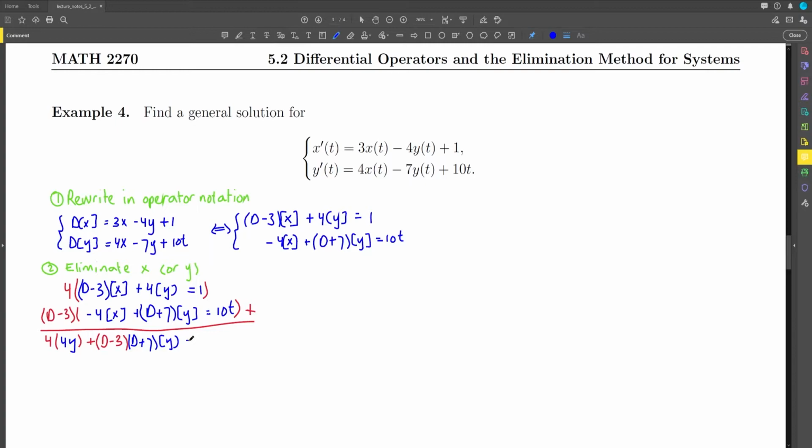And then on the right hand side, I should not forget that I multiply that 1 times 4.